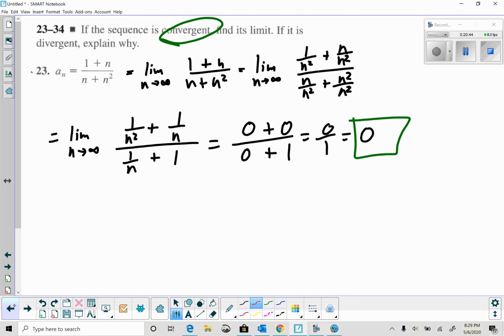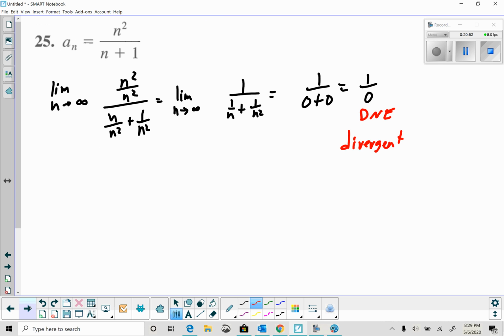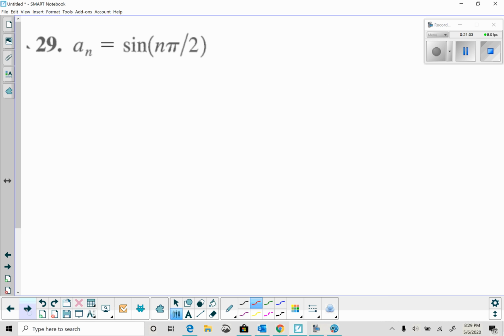Okay? So hopefully that makes sense. With 23, we got a real number. This is convergent. That is the limit. Here with 25, we got an undefined value. The limit does not exist. This sequence is divergent. But wait, there's more.